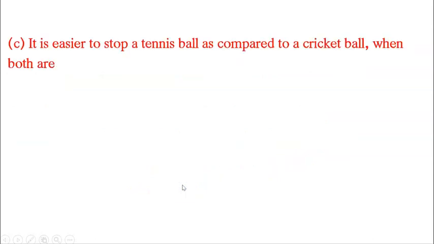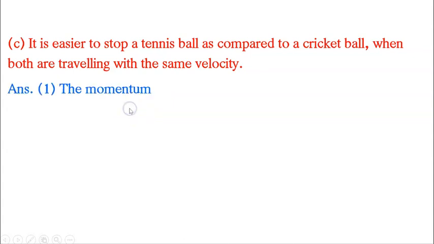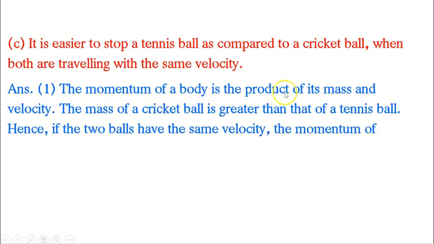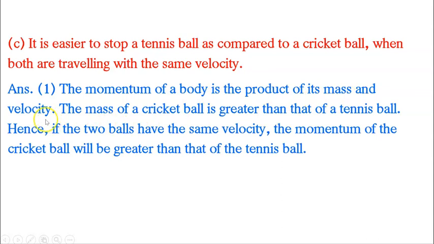Okay. Now the next question. It is easier to stop a tennis ball as compared to a cricket ball when both are traveling with the same velocity, and this depends on the law of conservation of momentum, or it depends on the momentum of the ball. First, the momentum of a body is the product of its mass and velocity.